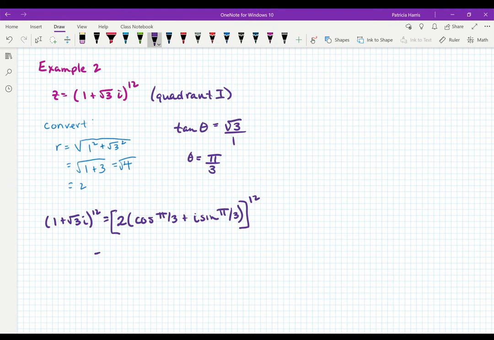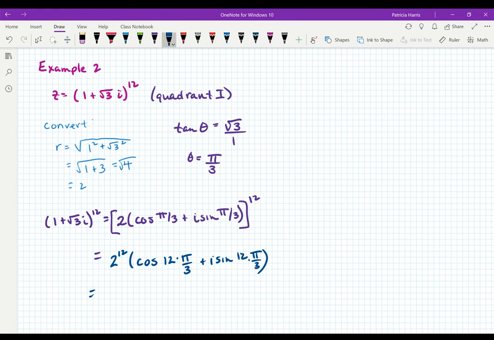Okay, here we go. So 2 to the 12th. Might have to get my calculator out for that. And then cosine 12 times pi over 3 plus i sine 12 times pi over 3.